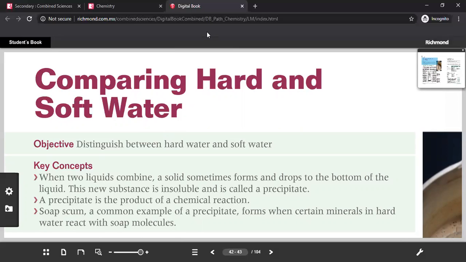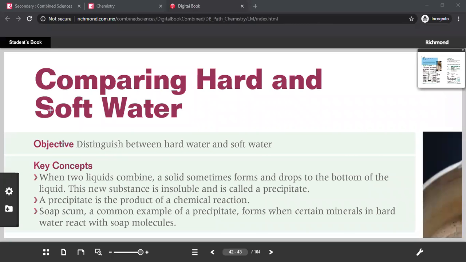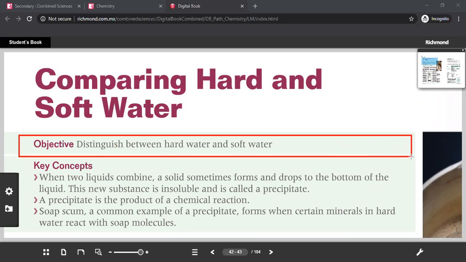Well, if I may use a tool here, right? Let me see. So let's draw a rectangle so we can see exactly where we are. So this is our objective, to distinguish between hard water and soft water.